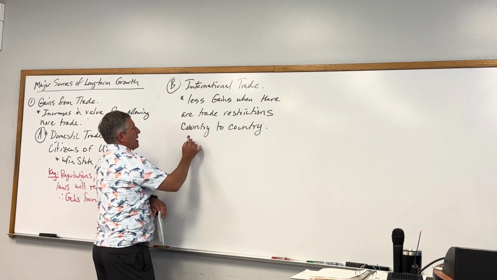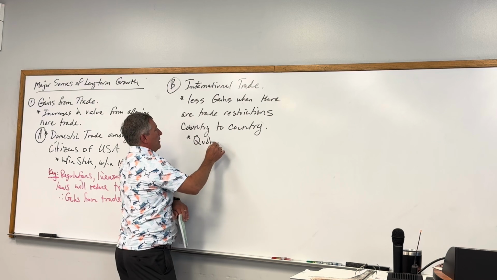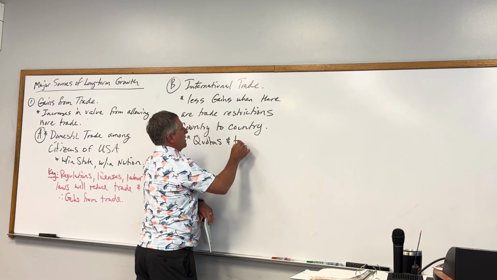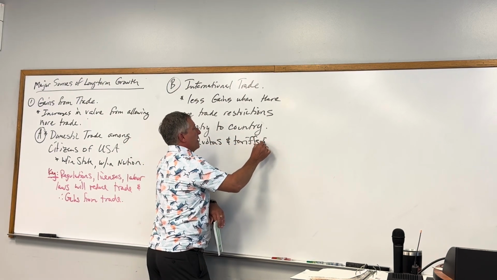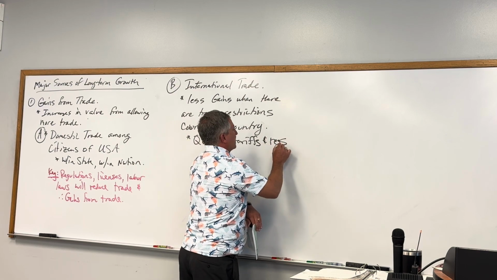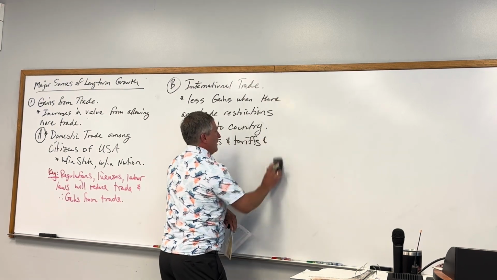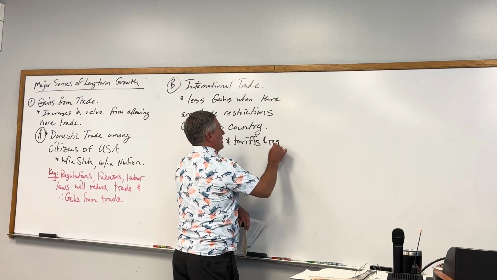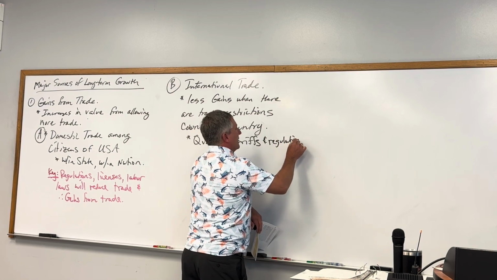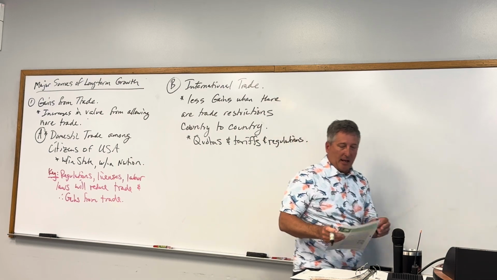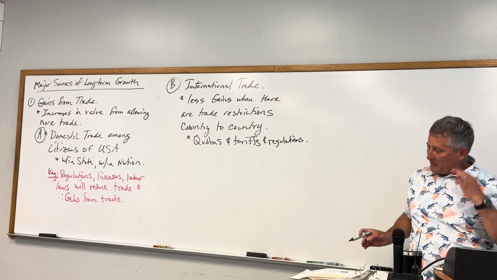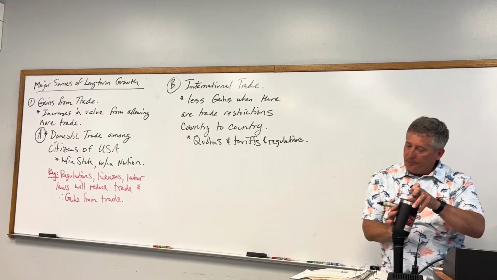So in that chapter, we talked about quotas and tariffs and maybe some other regulation restricting international trade. So it's kind of the same thing. We want to be able to trade with our brothers and sisters around the world.